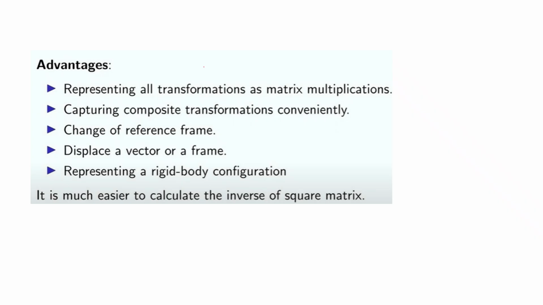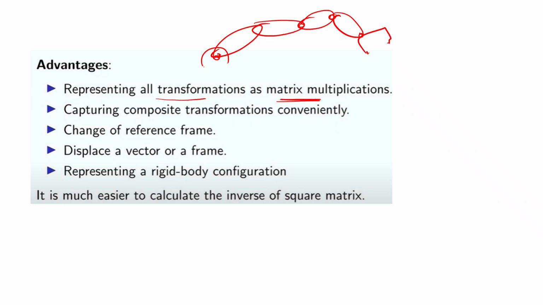Okay. So representing all transformations as matrix multiplication. Suppose here, this is my frame, this is my frame, this is my frame, and these are all links, binary links. Here we have the end effector. So let me say this is my end effector frame. Let's start with the 0 frame, 1 frame, 2 frame, and 3 frame.